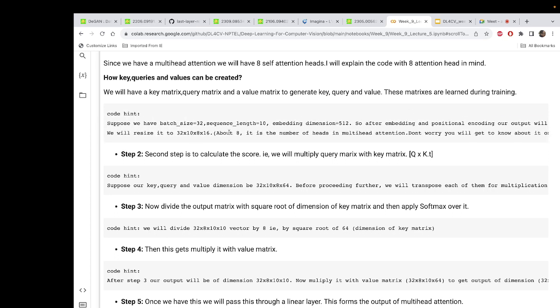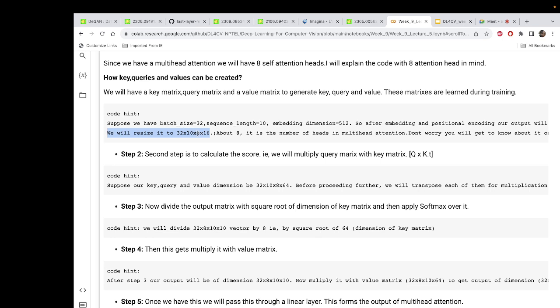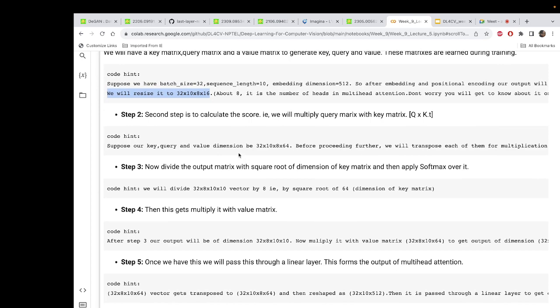Now we are resizing this to 32 cross 10 cross 8 cross 64. This 8 refers to the number of heads in the multi-head attention.